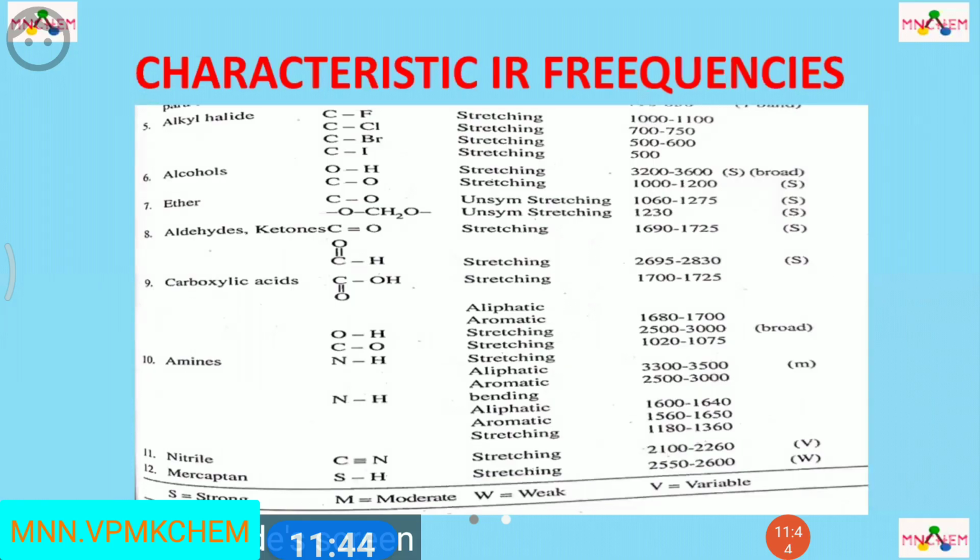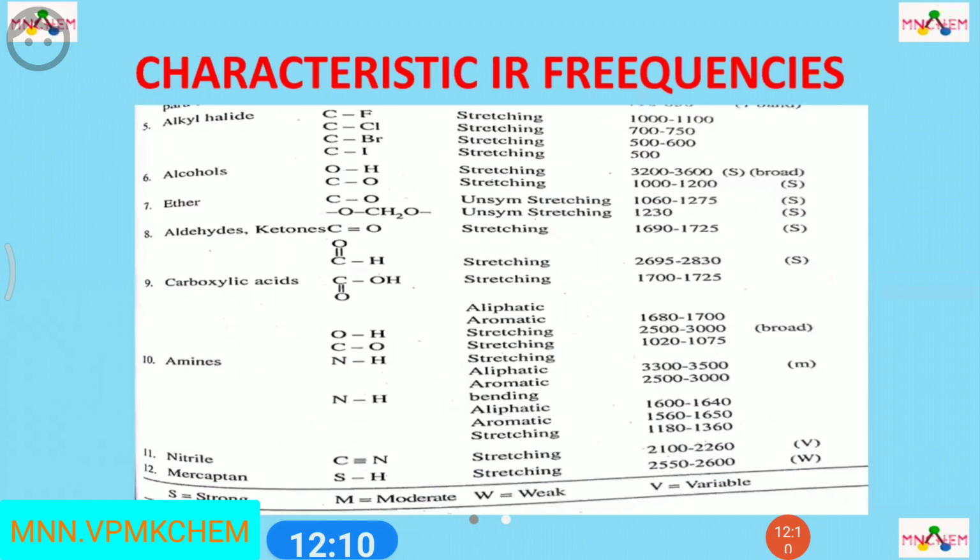Then there are a few more functional groups. Alcohols typically show OH stretching frequencies in the region of 3200 to 3600, a strong and broad peak we observe in the IR spectra. The CO stretching is also seen in alcohols in the range of 1000 to 1200 per centimeter.